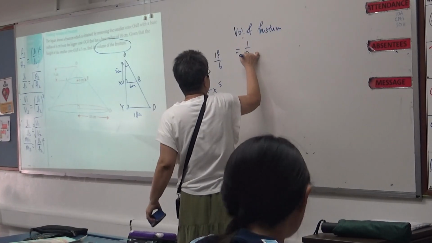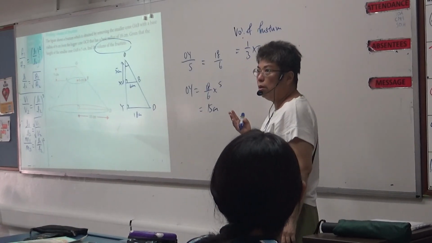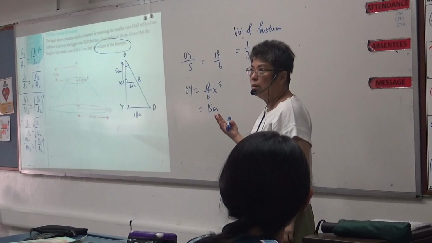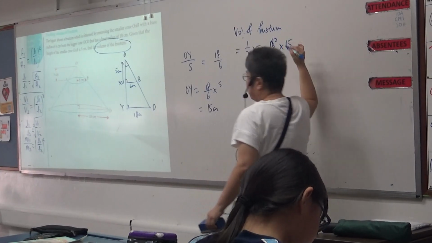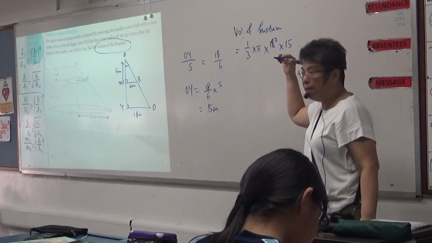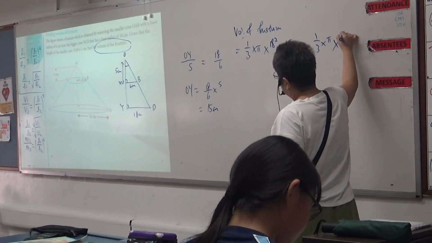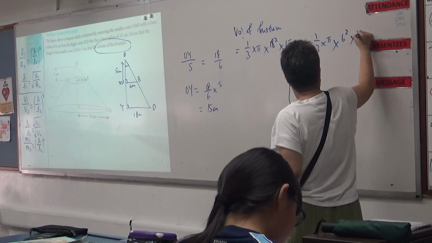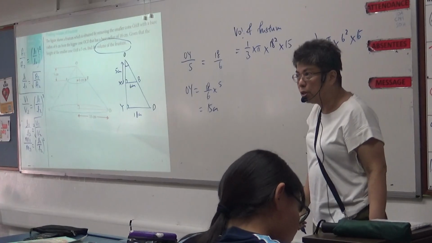will be 1/3 pi. Now the big one. Okay, can I have no talking? This is the last thing. 1/3 pi r squared h, right? 15, right? That's the big one, right? Minus what? 1/3 pi r squared h. This will be the small one, okay?